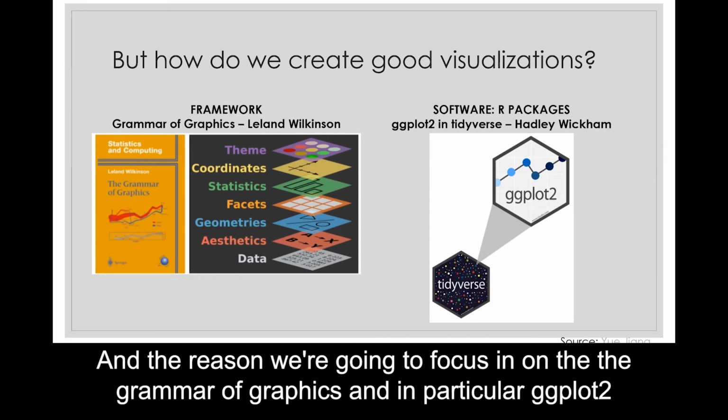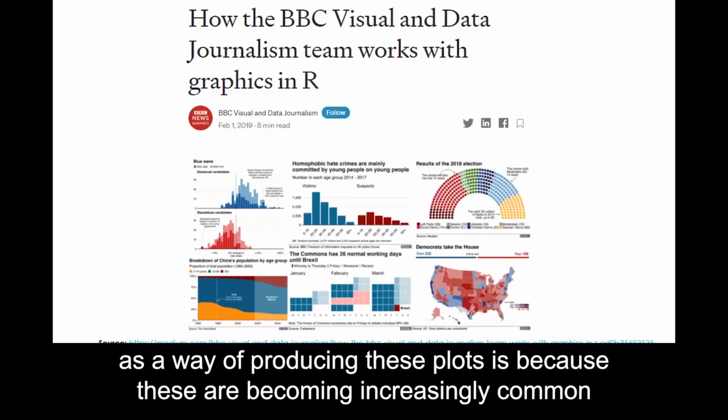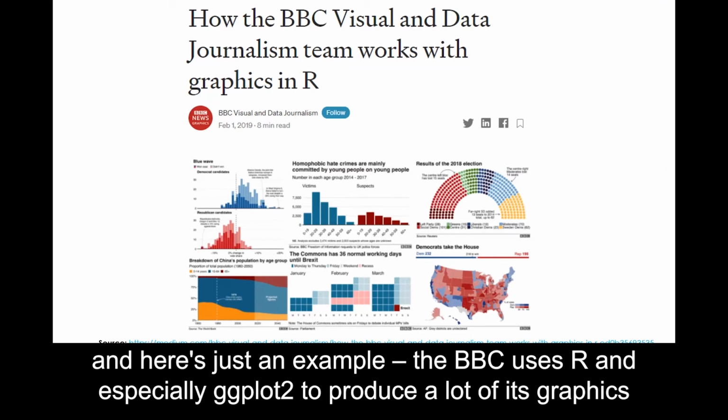And the reason we're going to focus in on the grammar of graphics, and in particular ggplot2 as a way of producing these plots, is because these are becoming increasingly common in the media, across the scientific literature. And here's just an example. The BBC uses R and especially ggplot to produce a lot of its graphics.